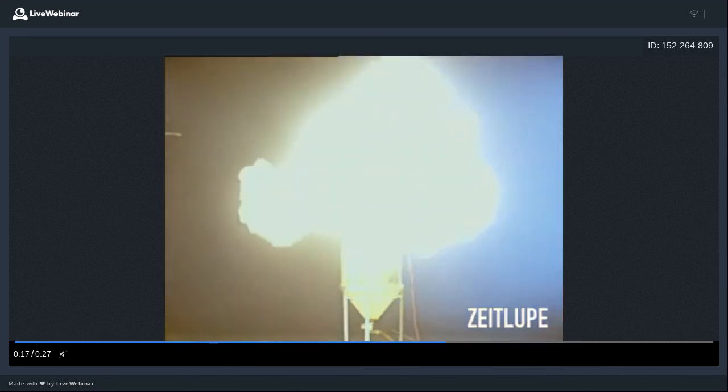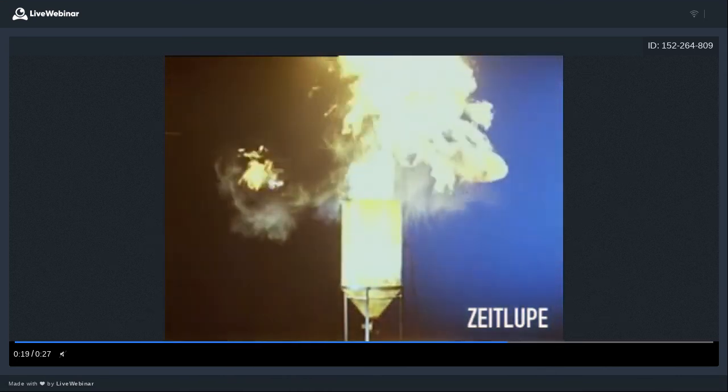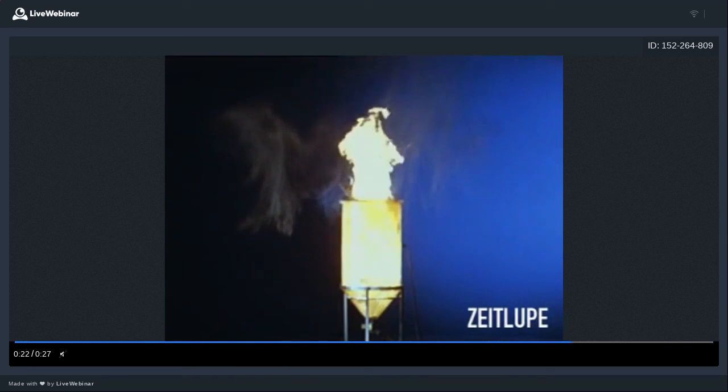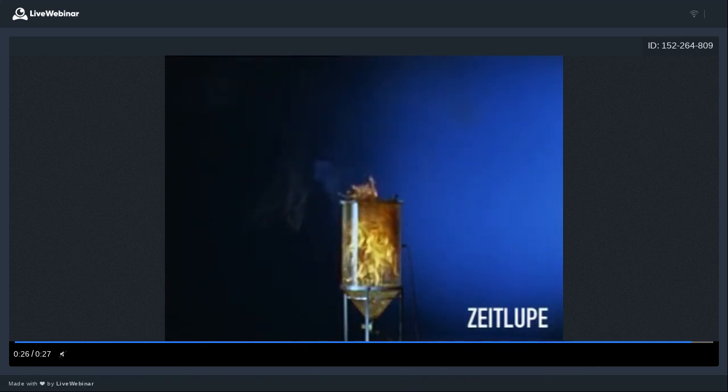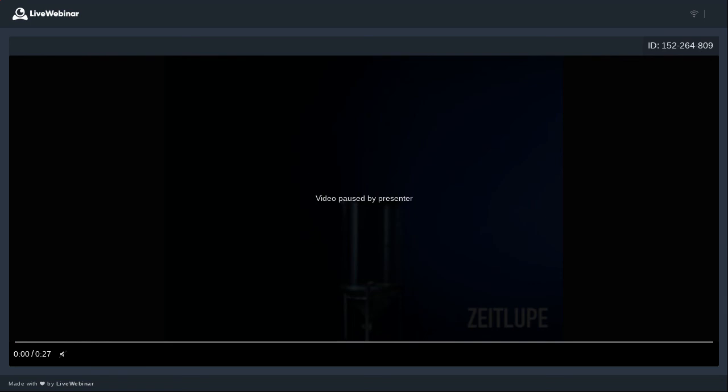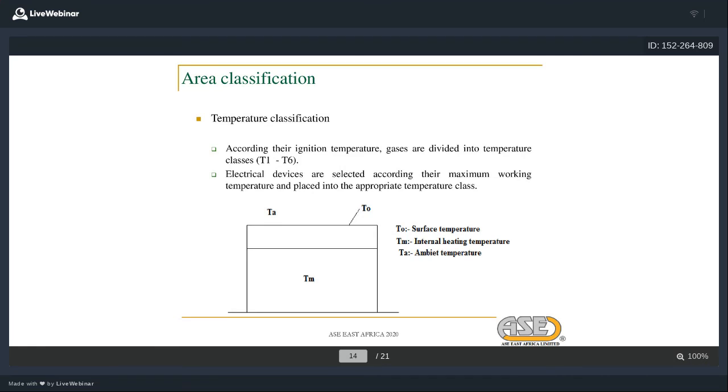You see, confined inside, the explosion occurs inside, for example, inside silos. So temperature plays a great role for an explosion to occur.